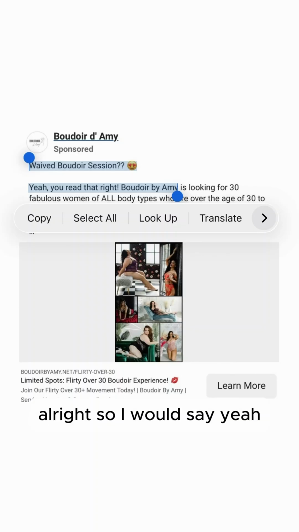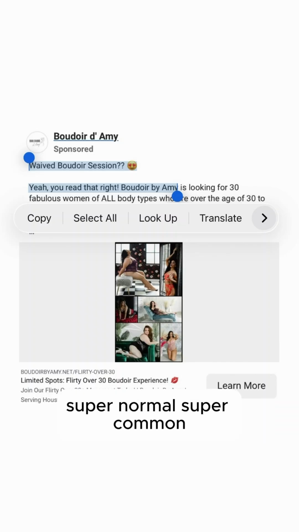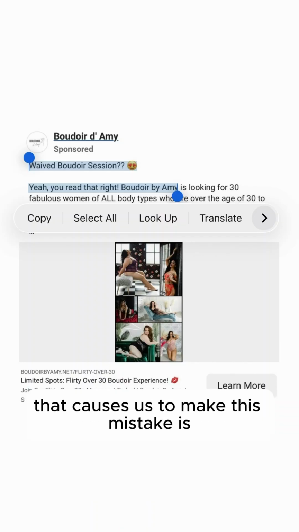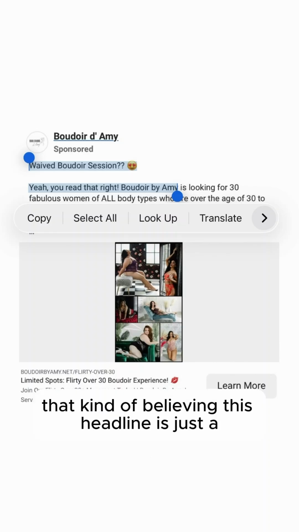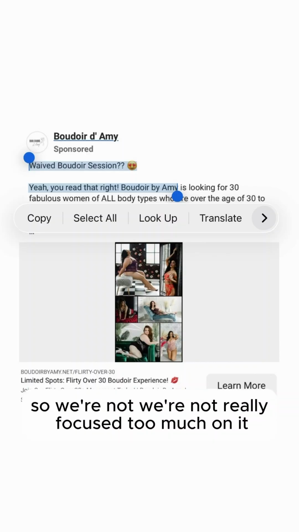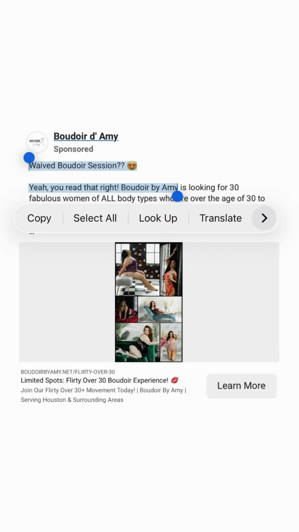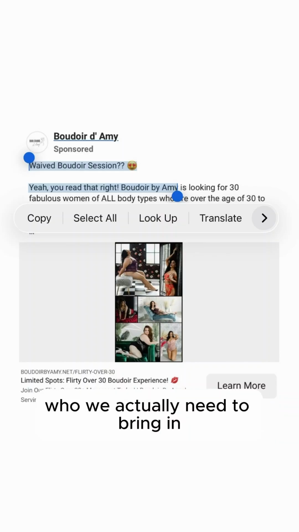All right, so I would say this one we got the lack of context mistake. Again, super normal, super common. And the false belief that causes us to make this mistake is that we believe this headline is nothing special when actually it's 80% of our ad spend. So we're not focused too much on it, and we're lacking context of who we actually need to bring in.